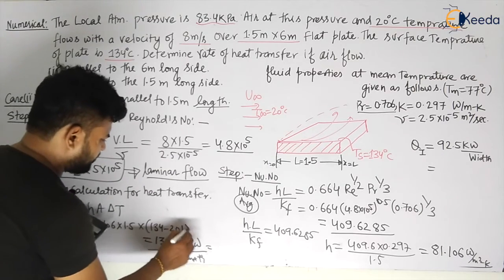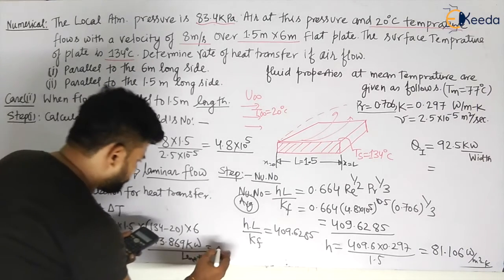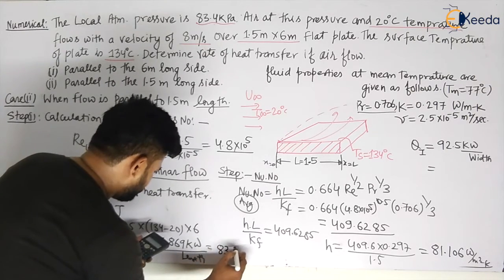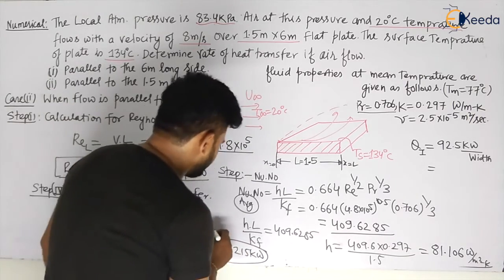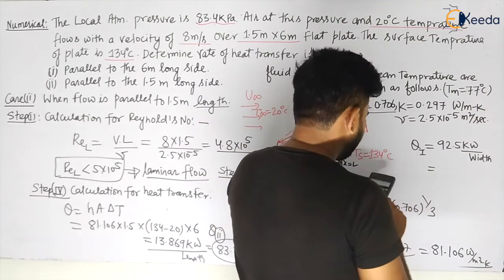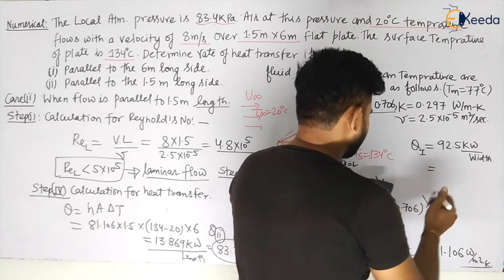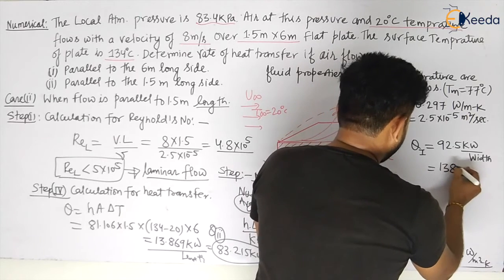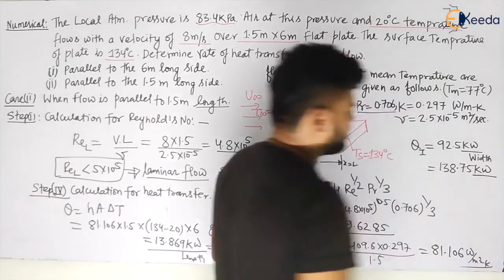This will become multiplied by 6, and the total will become equal to 83.215 kilowatt. And in the first case, you have to multiply 92.5 into 1.5. This will become 138.75 kilowatt in total, my dear students.